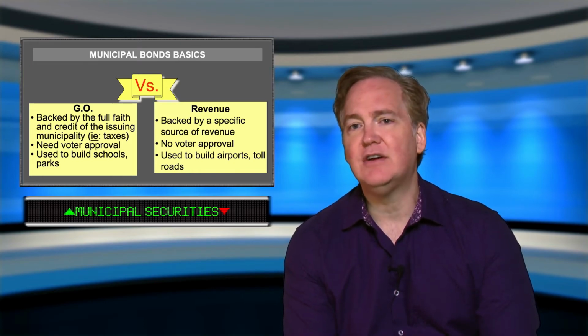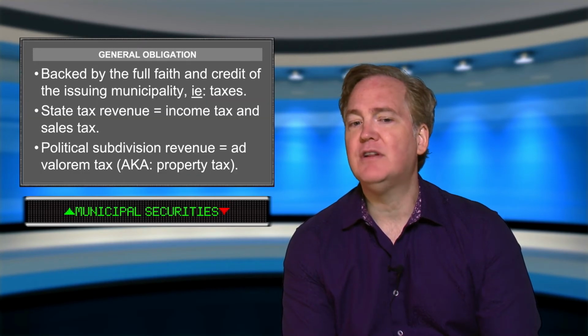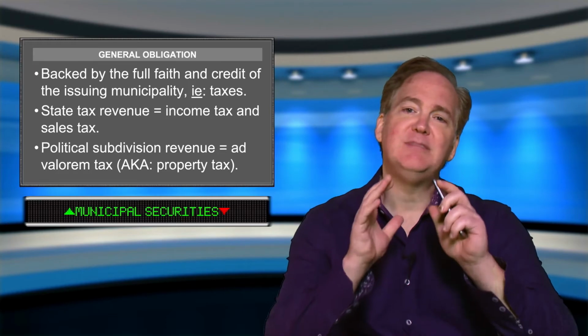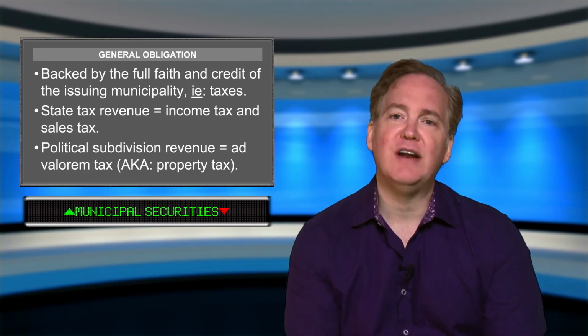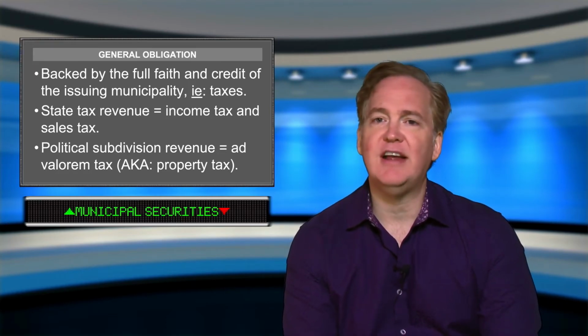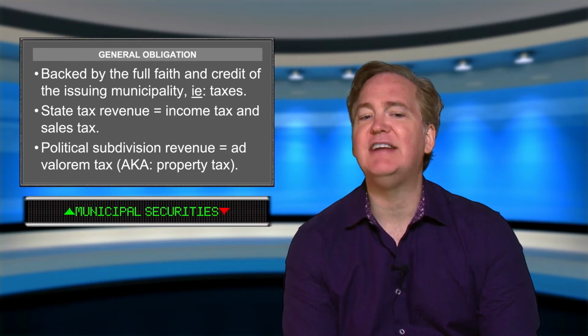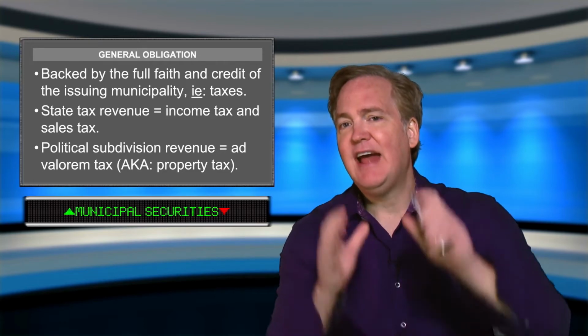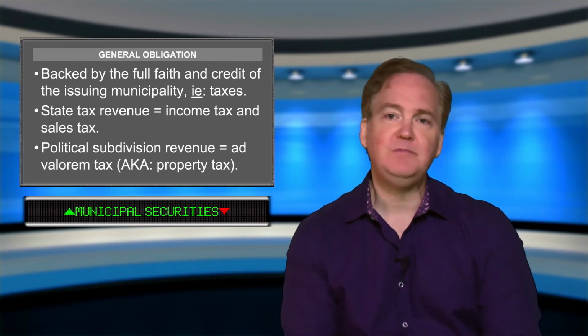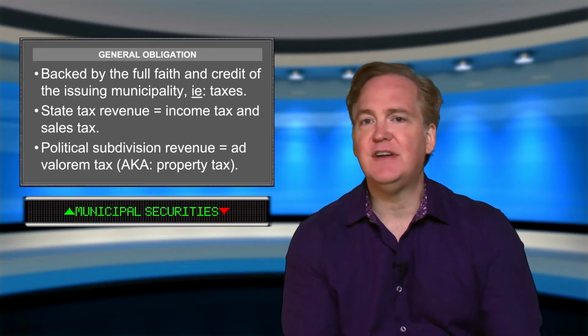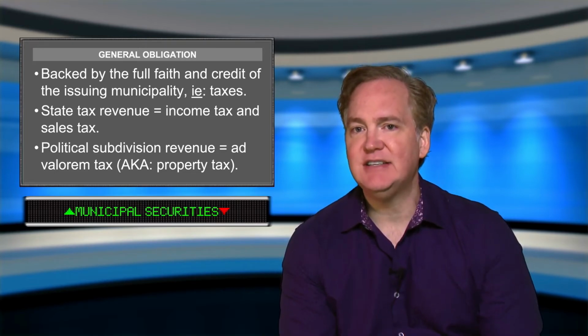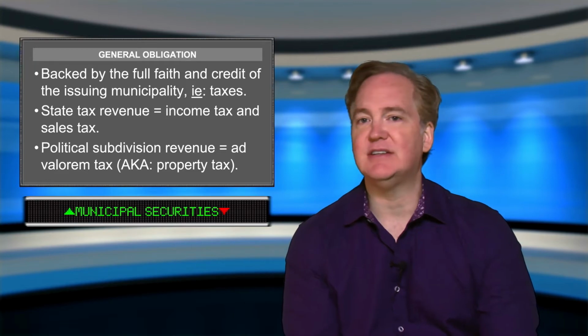Now let's take a look at the general obligation bond a little bit more closely here. It's backed by the full faith and credit of the issuing state or municipality and their ability to raise and levy taxes. At the state level, the source of funds are sales taxes and income taxes.